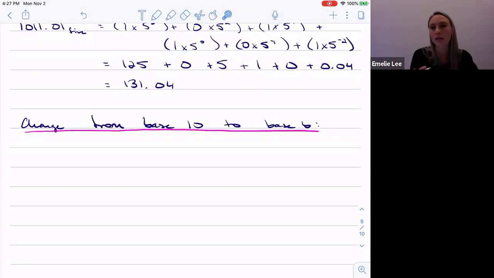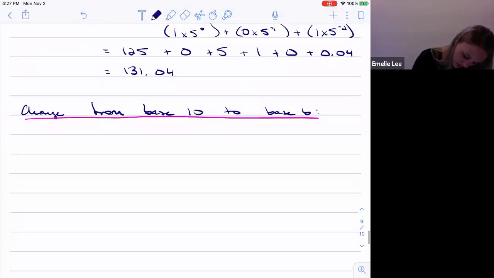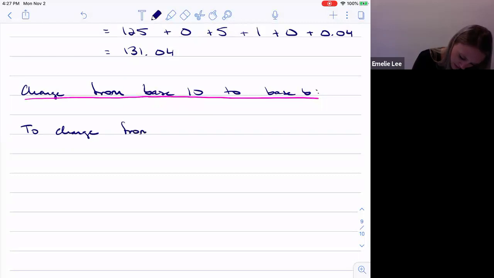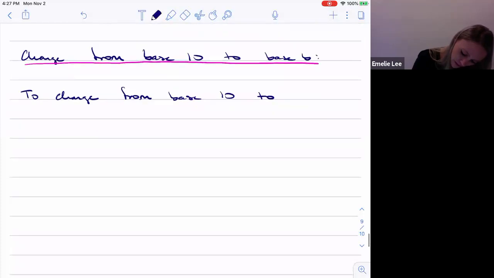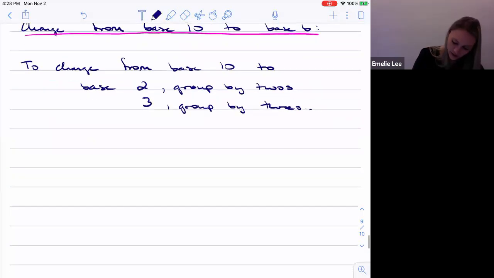So if we're talking about base 2, then you're going to have to group by 2s. Base 3, you group by 3s. So to change from base 10 to base 2, we group by 2s. Base 3, group by 3s, of course, etc.